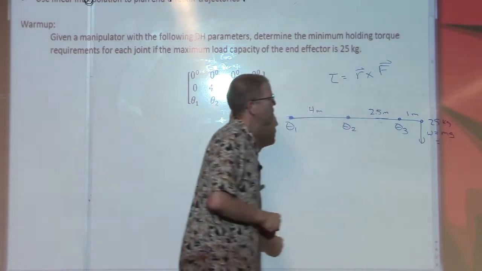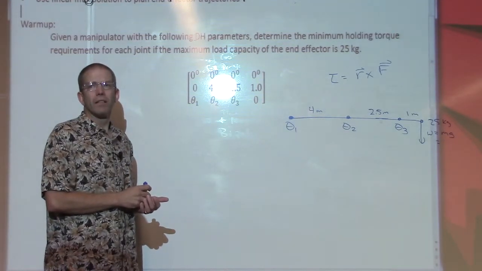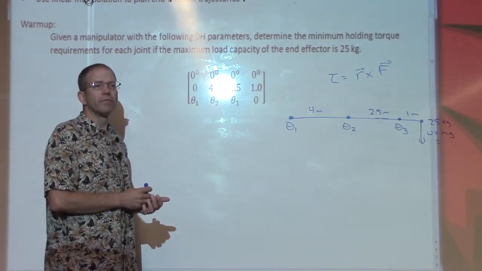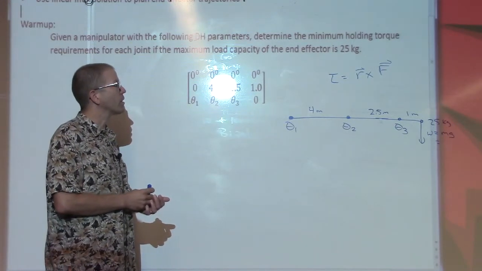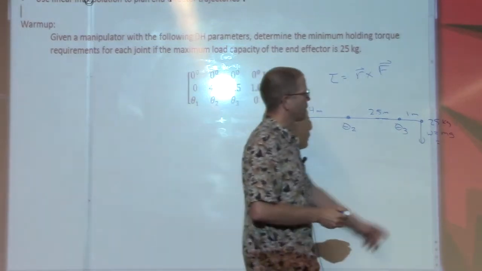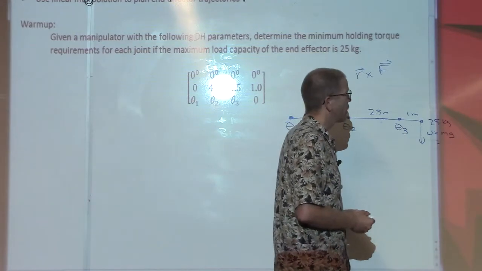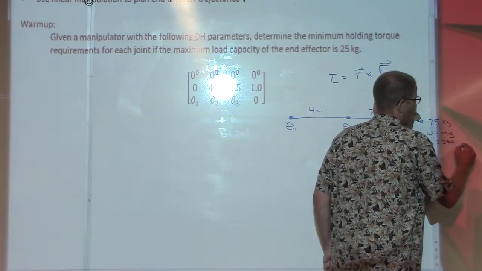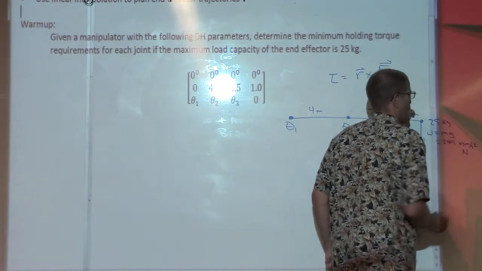So what is the weight of that mass? 245. It's going to be the 25 kilograms times the 9.8 meters per second squared to give us 245 kilogram meters per second squared, which is our Newton.